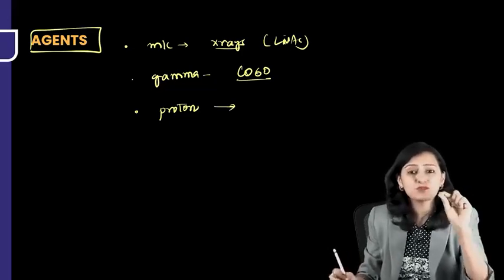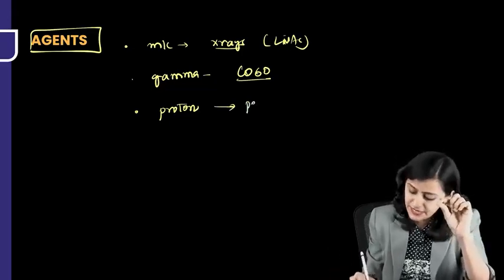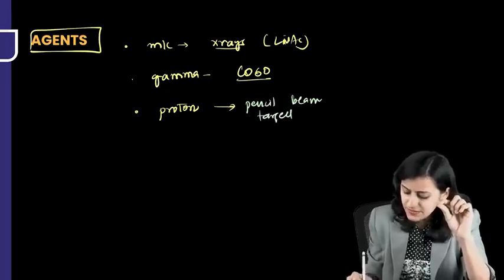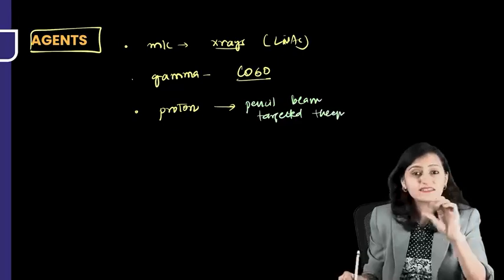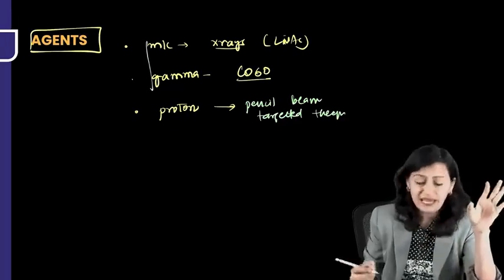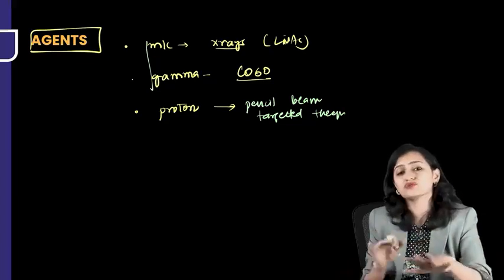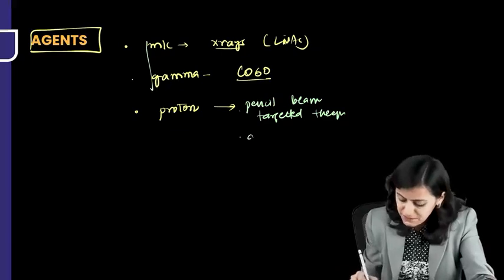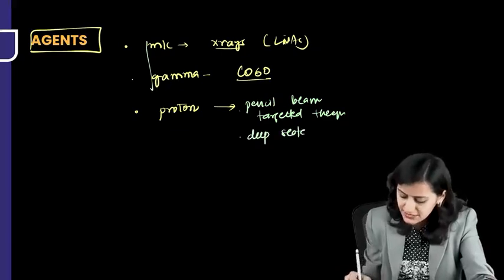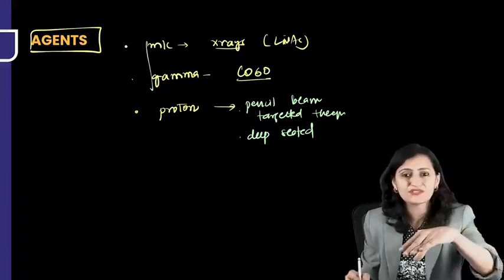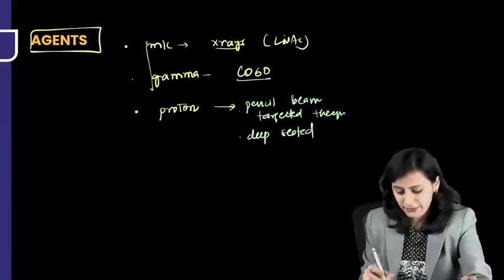The advantage with the proton beam is that it gives pencil beam like targeted therapy. That means it targets only the tumor. The surrounding normal cells are not affected that much, while X-rays and gamma rays cause damage to the superficial, surrounding tissues as well. So for deep-seated tumors, we can use the proton beam because it will go to the tumor directly and the superficial structures will not be damaged.